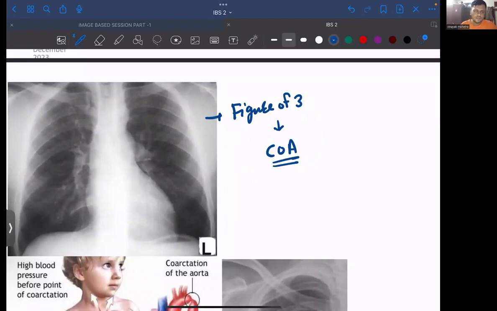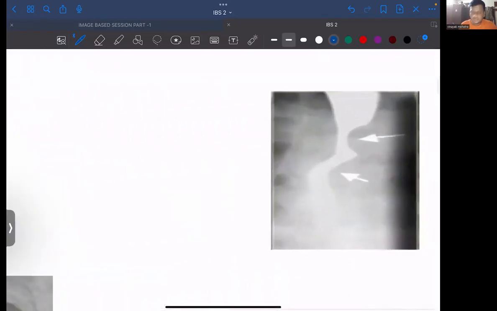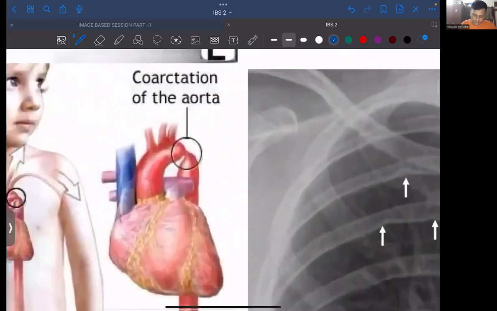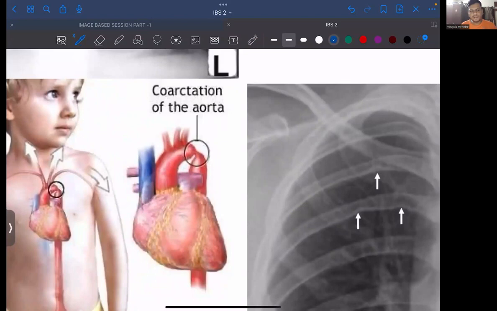But if we do a barium study, what are we going to see? It is called reverse 3 sign. What happens in coarctation of aorta?